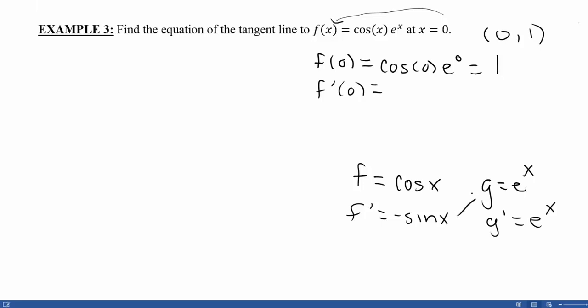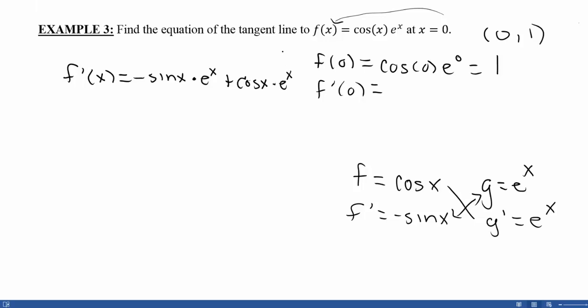So now I'm going to do f prime times g. So over here I have negative sine x times e to the x plus f times g prime, so cosine x times e to the x.